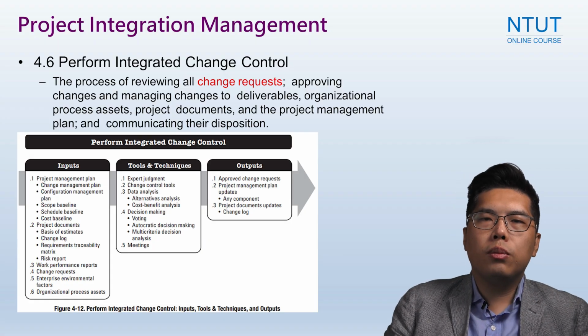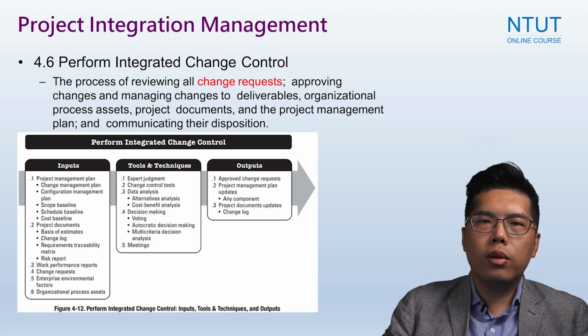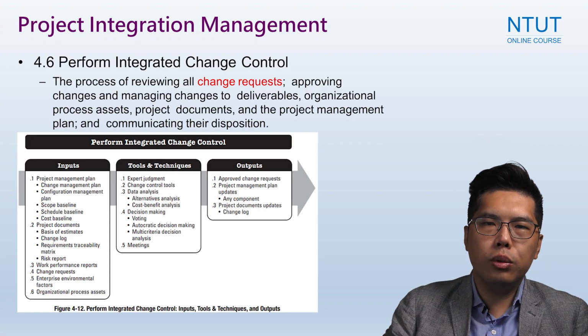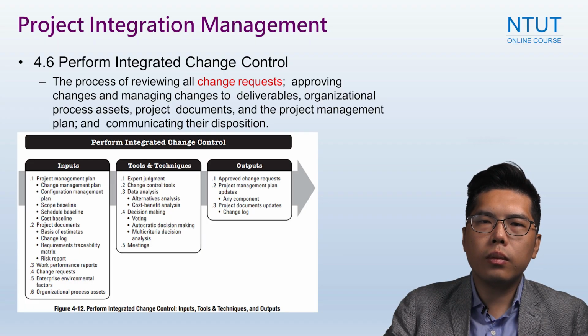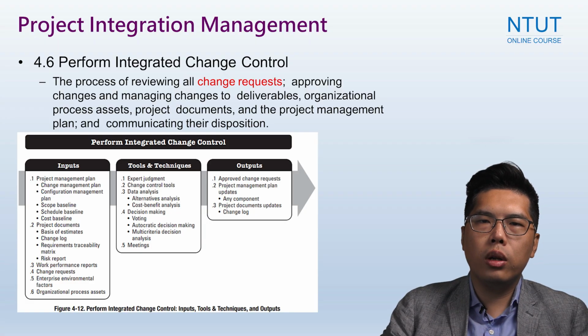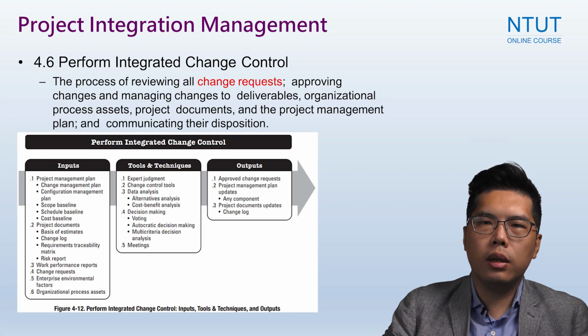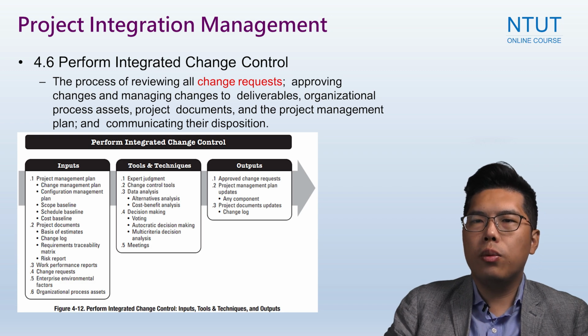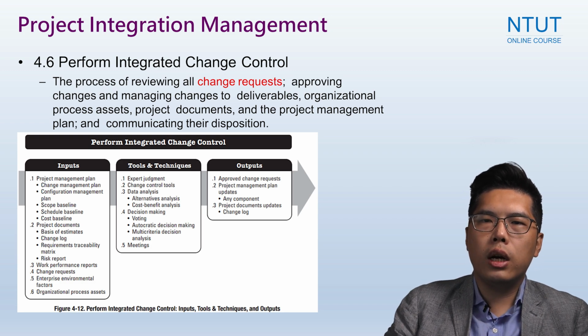And then let's move on to the next one, 4.6.3.2, the project management plan updates. The approved change requests may change one or more of the project baselines, for example the scope, the cost, the schedule, or any other components of the project management plan. So often you have to put in the updates.